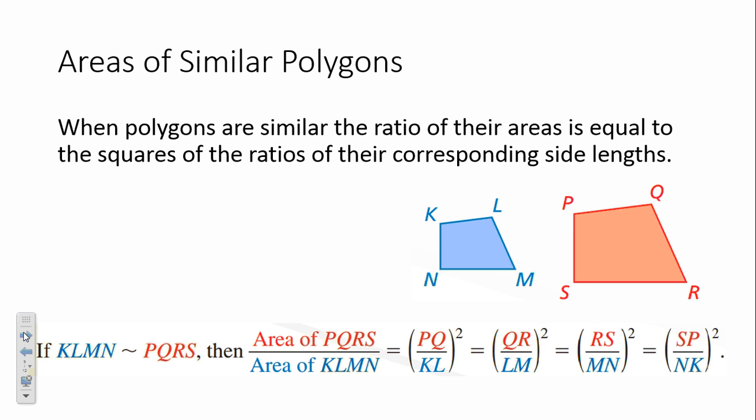When we know the ratio of their corresponding sides, then their areas will be the square of that ratio of those sides. If I know a side length over a side length, take that scale factor and square it, I know the area over the area.